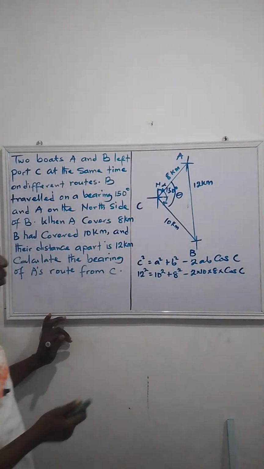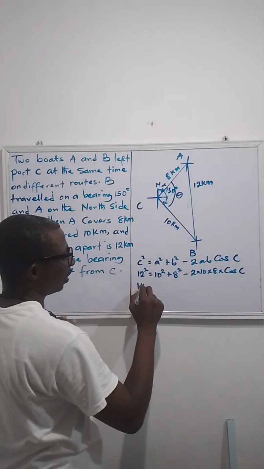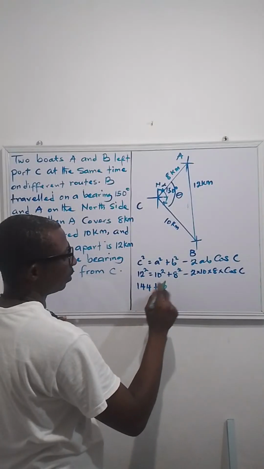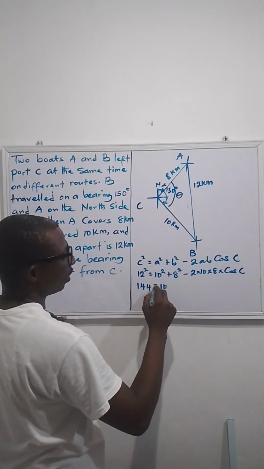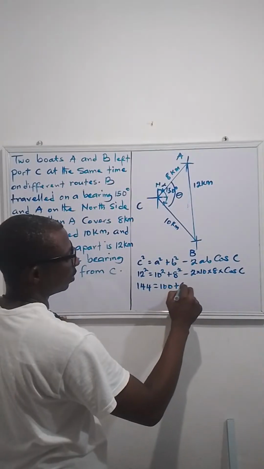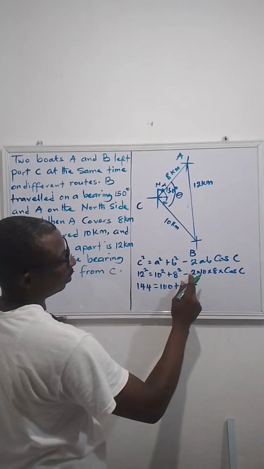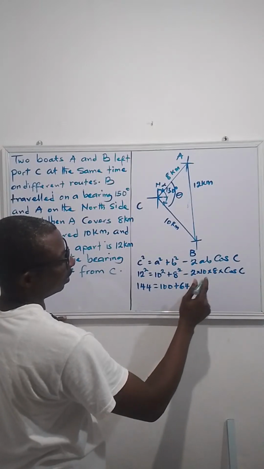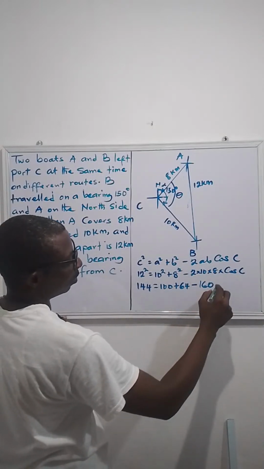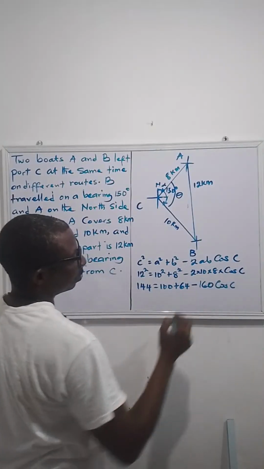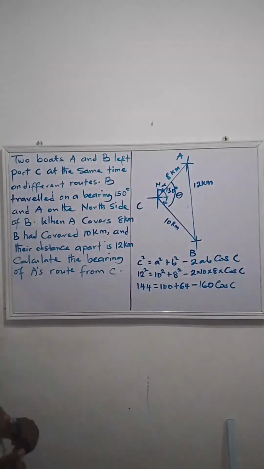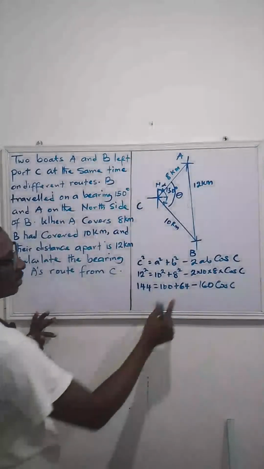So here we have 144 equals 100 plus 64 minus 2 times 10 times 8, that is 160 cos C. Now let's add this together.